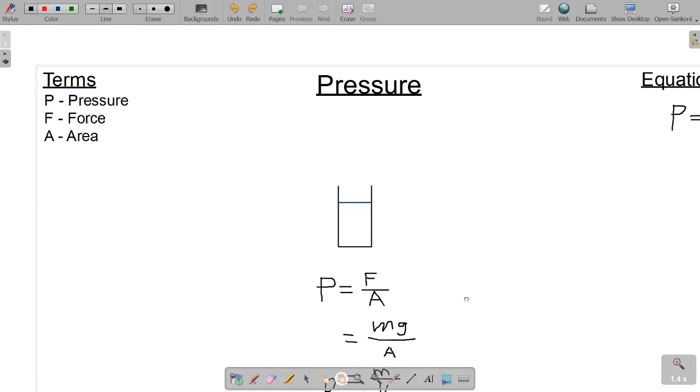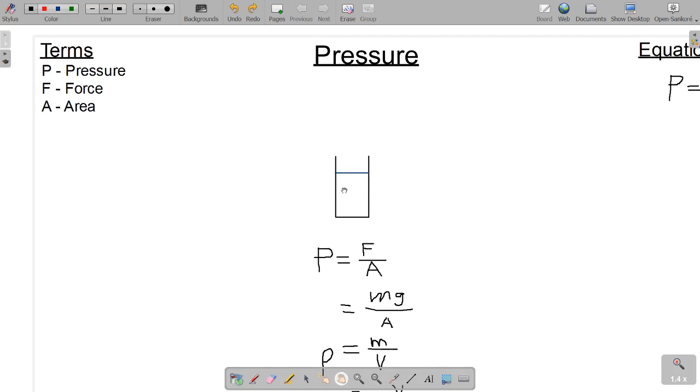V over A is the volume of the water over the base area of the container. So this is a cylinder, right? Define the height of the water or fluid to be h. So this is h.